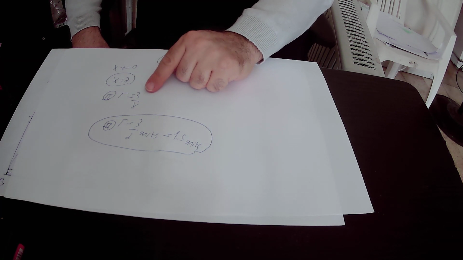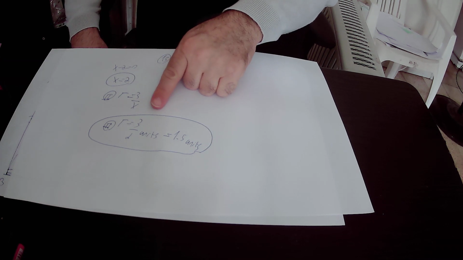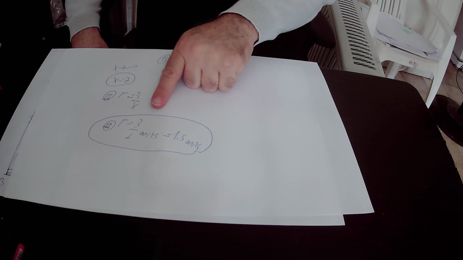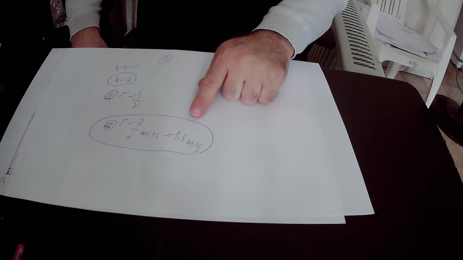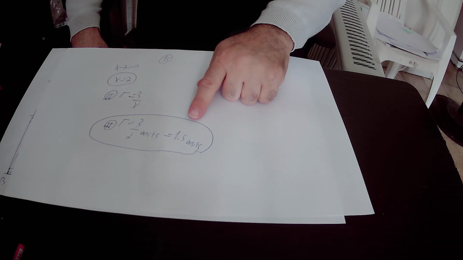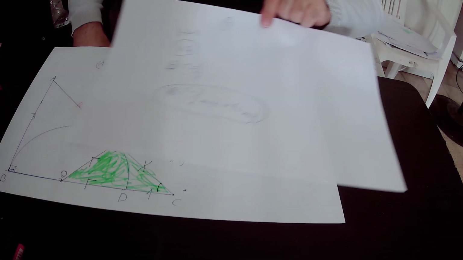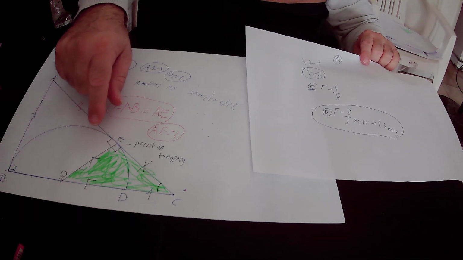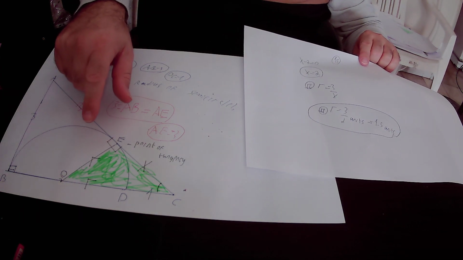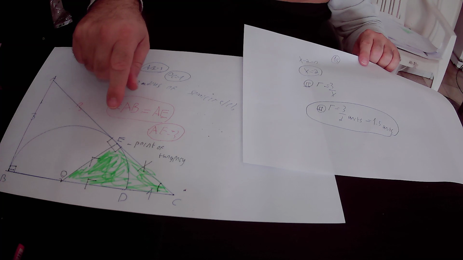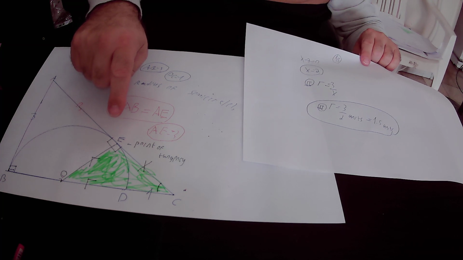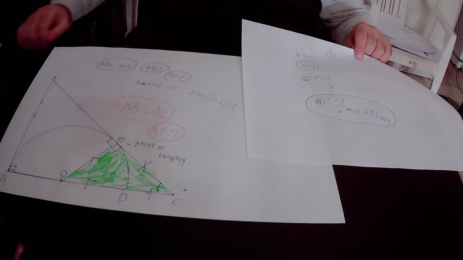We substituted x by 2 in equation number 2, and we found out that the radius of the semicircle equals 3 over 2 units, or it equals 1.5 units. I will repeat again. The radius of this semicircle equals either 3 over 2 units, or 1.5 units. Okay, thank you very much.